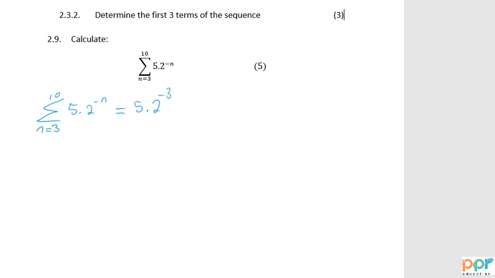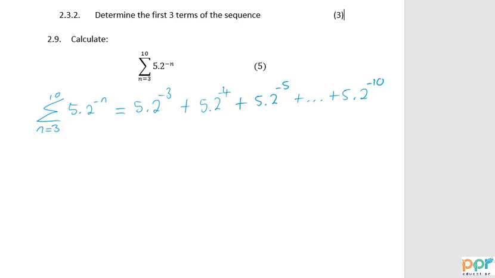So here for n I put 3 first, plus, because it's a series, isn't it? 5 times 2 to the power minus 4 plus 5 times 2 to the power minus 5 plus, and it continues up until we get to 5 times 2 to the power minus 10. All of this is equal to this.